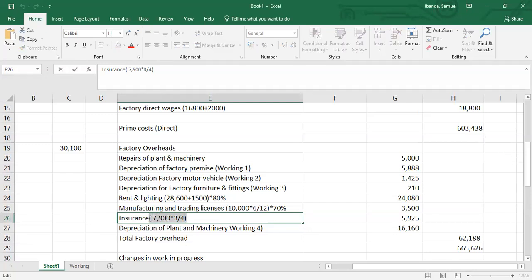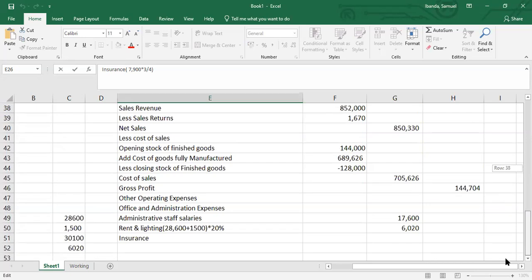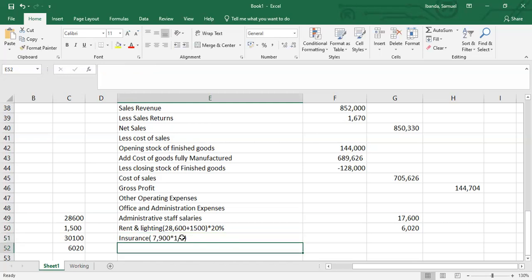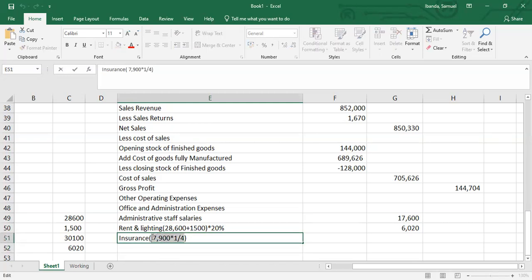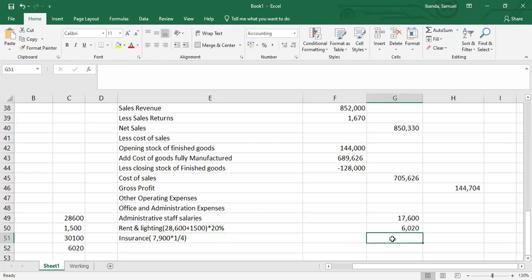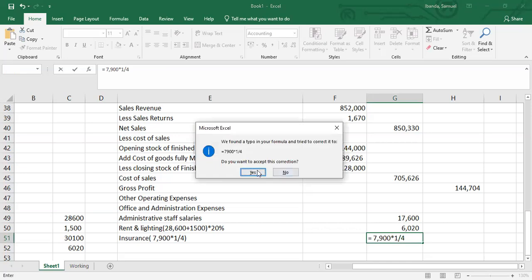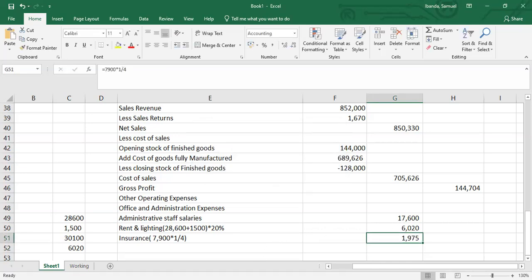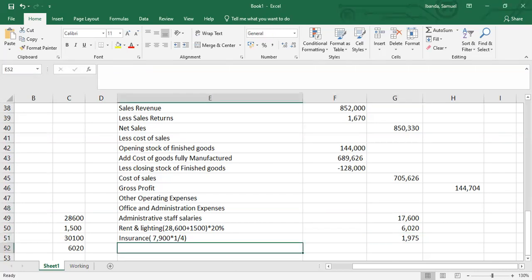So I'll multiply that by 1/4 instead of 3/4. So for insurance, this would be times 1/4. It gets me to 1975. 1975 for insurance. Okay, so we are good to go.